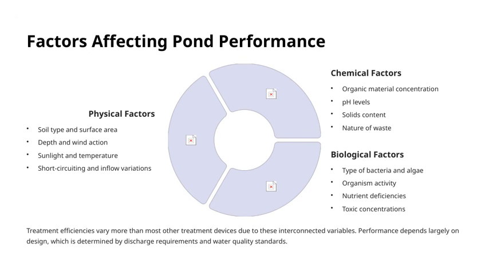It's important to remember that treatment efficiencies tend to vary more than in most other treatment devices, because all these variables are interconnected. The performance of a pond depends largely on its design, which must be tailored to meet specific discharge requirements and water quality standards. So, understanding and managing these factors is key to optimizing pond performance and achieving effective treatment.